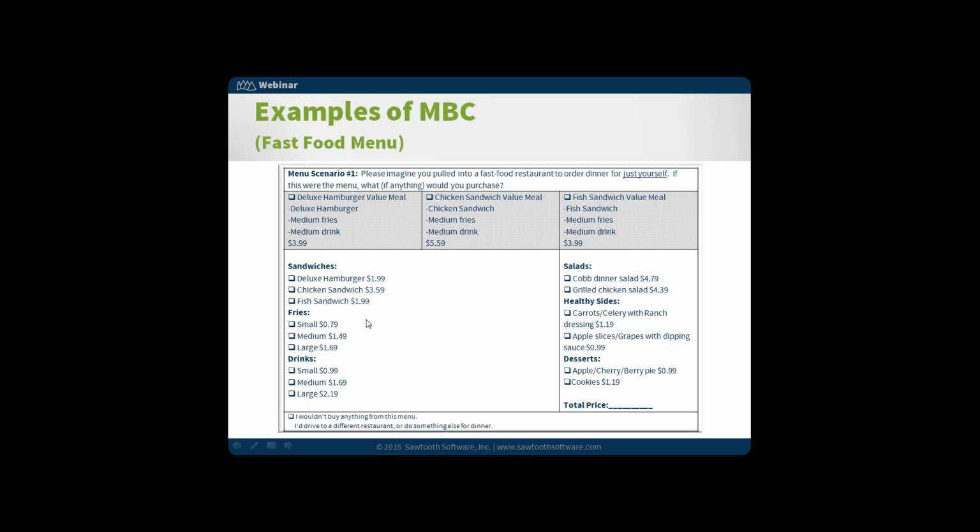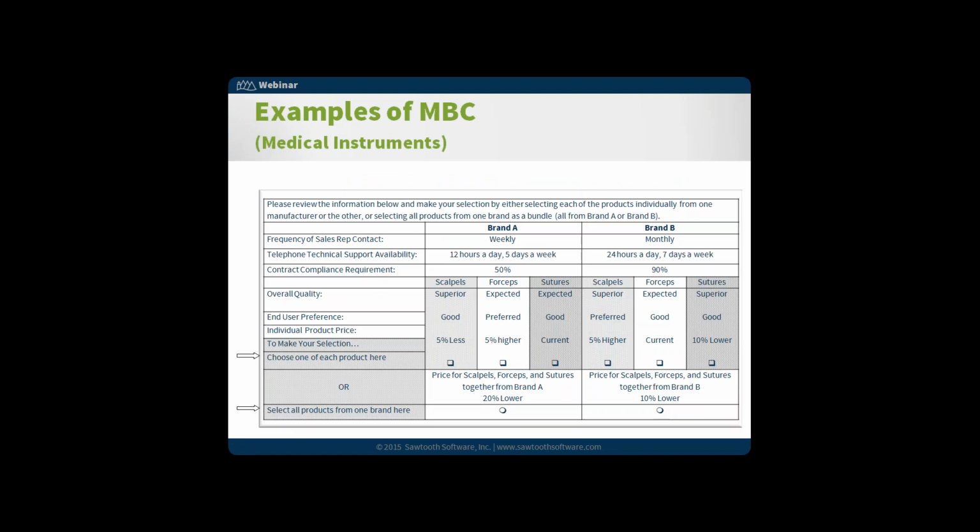And this allows you to test different bundling options and bundling discounts to see how people will trade off between buying bundles versus buying a la carte items and how to maximize the spend and profit for the menu. And this is a study that we've fielded before and have used in our trainings.